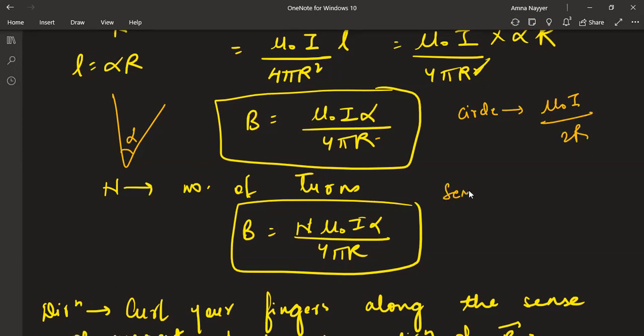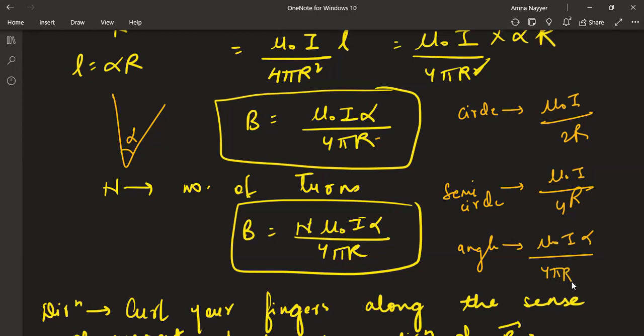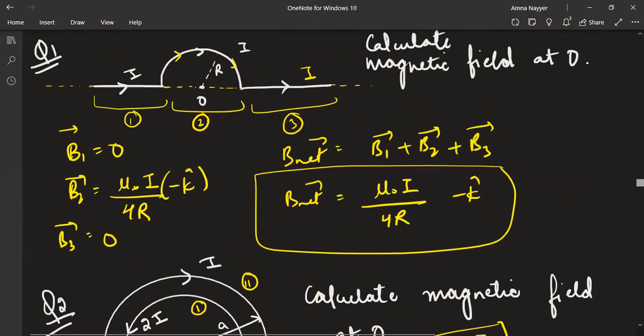And if it's a semicircle, the value is mu naught I by 4r. And if it's a random angle which is mentioned, that will be mu naught I alpha by 4 pi r. These will be the formulas that will be used.